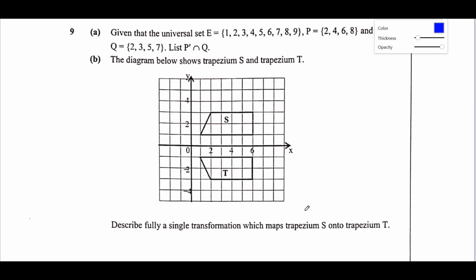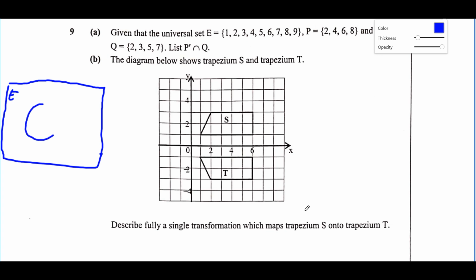So I think what you are supposed to do is, let's make a visual representation. So from this Venn diagram, we have two sets, set P, as well as set Q.